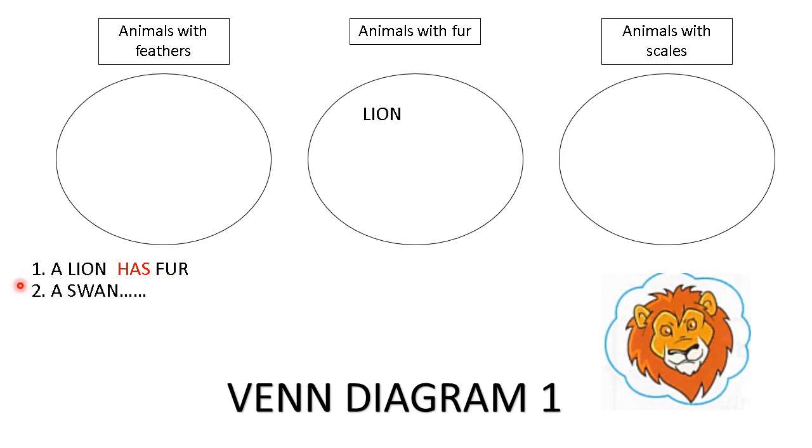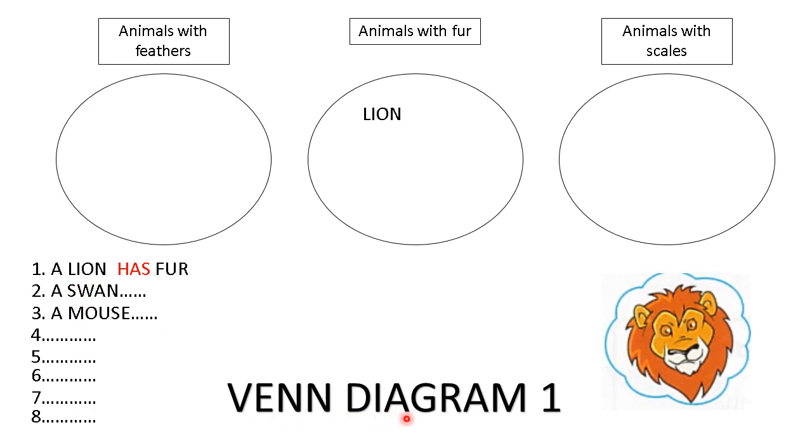A swan has, a mouse has, and then the others, and go to number 8. Copy these into your exercise books, complete the diagrams, and write the 8 sentences.